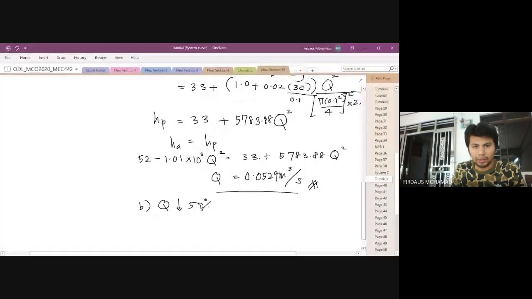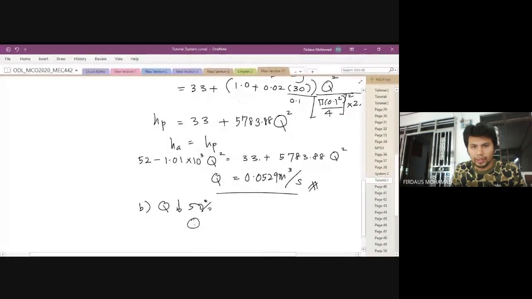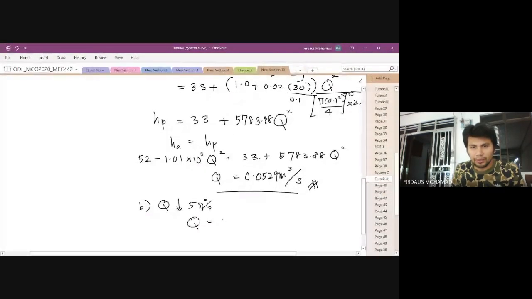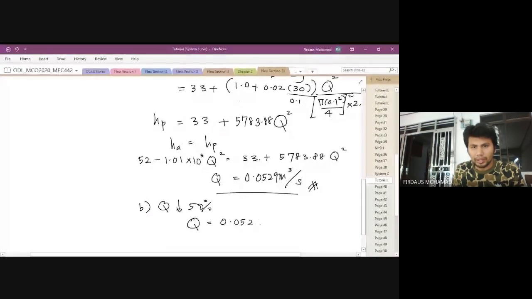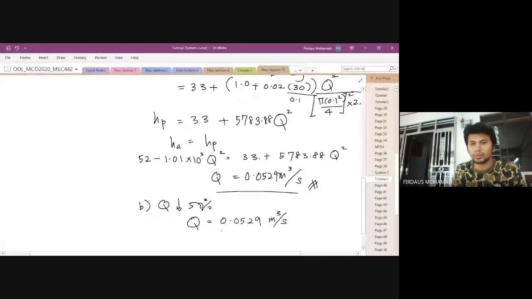Okay, so maknanya our new Q is 0.0529 meter cube per second divided by 2, 50%. So equal to berapa ni?